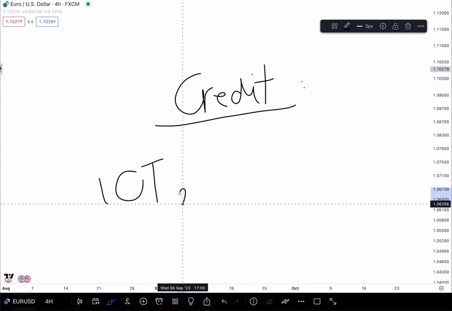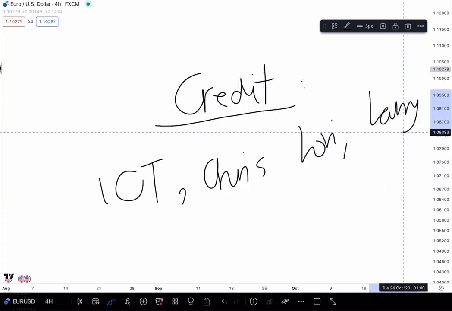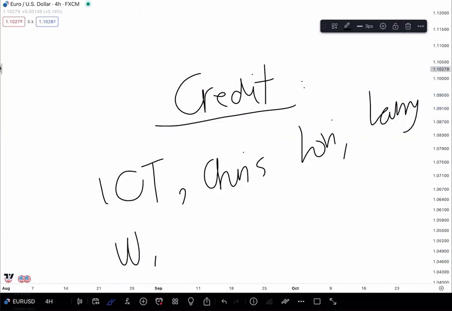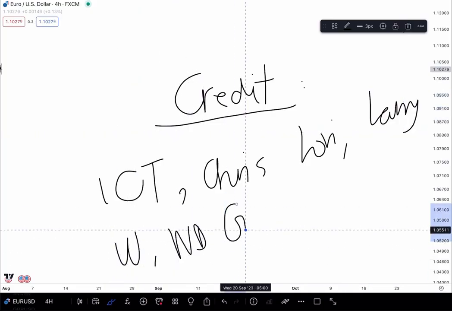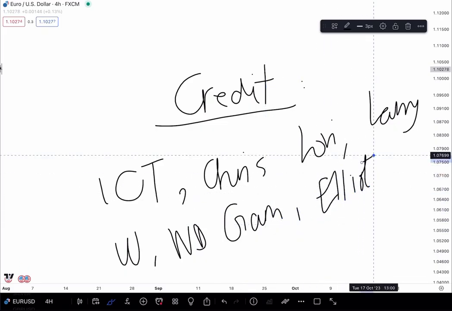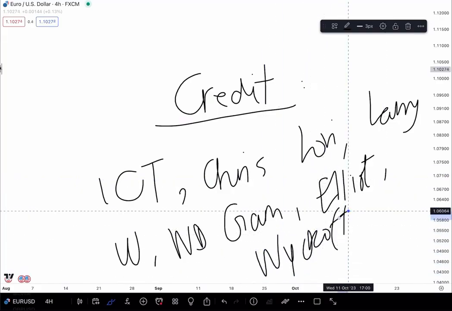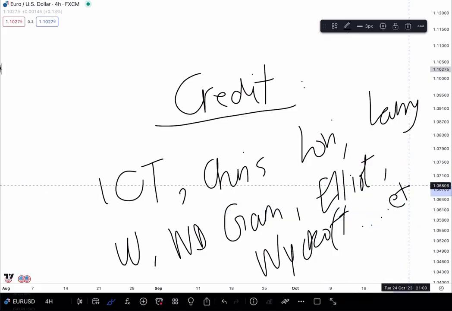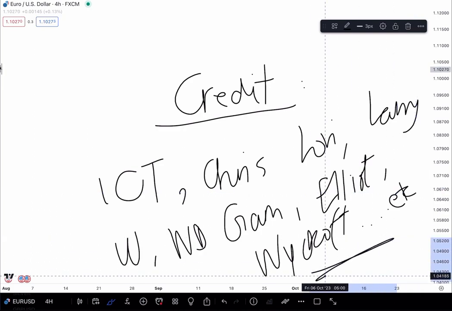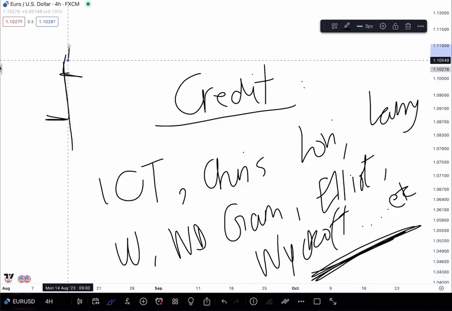ICT, Chris Laurie, Larry Williams, WD Gann, Elliot, Richard Wyckoff, and whoever else contributed to the accumulation of knowledge of price which we have today.